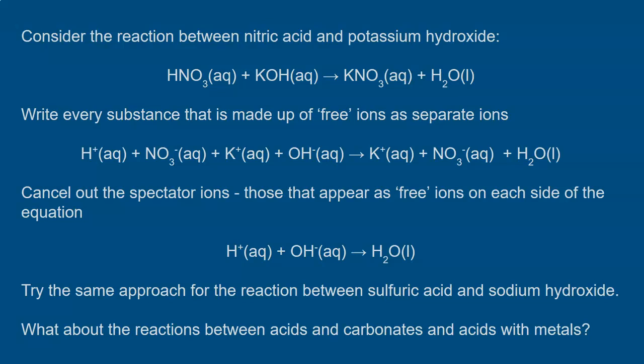So if I take magnesium, 2H+ (aq) plus Mg goes to H2 gas plus Mg2+. So it was metal atoms to start with in the metal itself, but becomes metal ions, so it needs to be included in the ionic equation. The non-metal part of the acid, sulfate, nitrate, etc., doesn't appear at all in the equation.